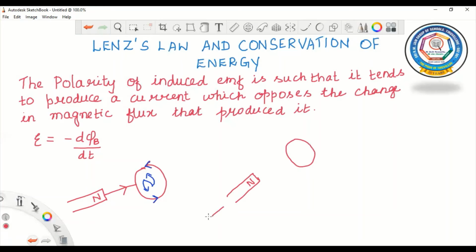Now we are going to bring the north pole of the magnet away from the coil. So now let's see what will be the direction of the induced current.